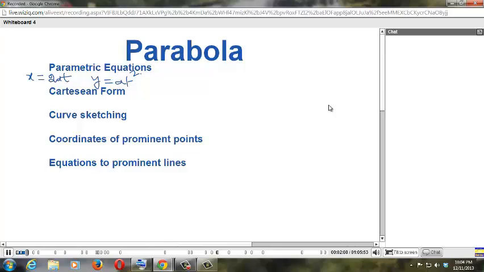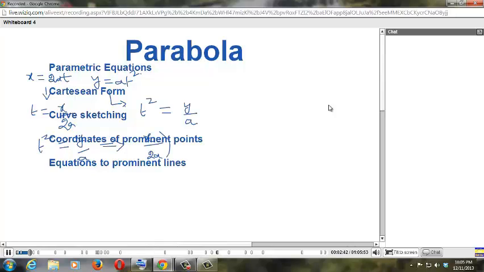Now take up this one. From here you can get t as x over 2a, and using y is equal to at square, we can get t square as y over a. Now t is x over 2a, t square is y over a. So clubbing these two, we can write t square as y over a, where for t we will substitute x over 2a.